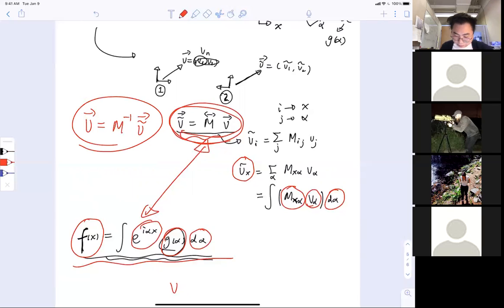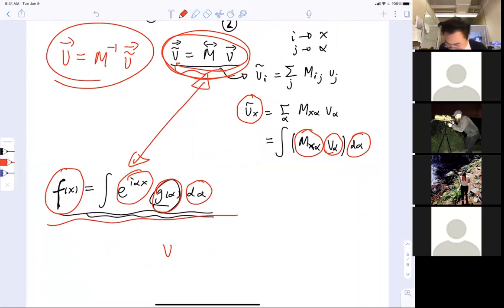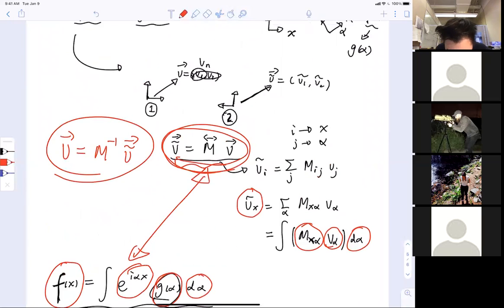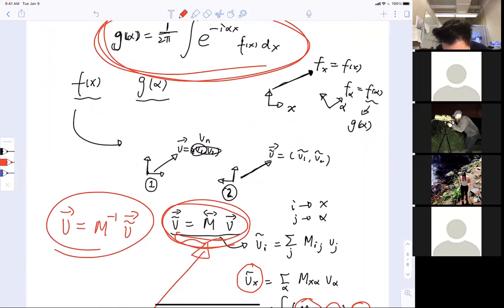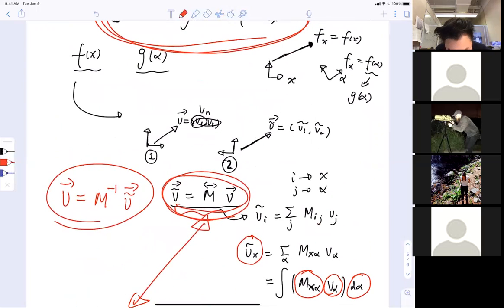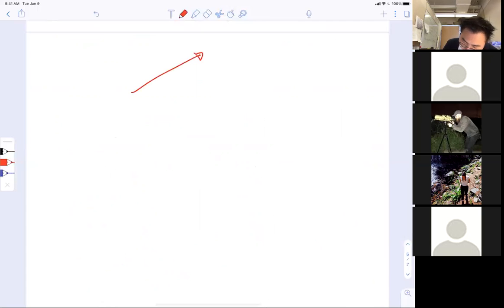May I ask to explain it again? I'm kind of lost here. Okay, let me see where I should start. Basically, what I'm trying to say here is, in the vector form we have a vector, and we can write a vector in different bases, right?